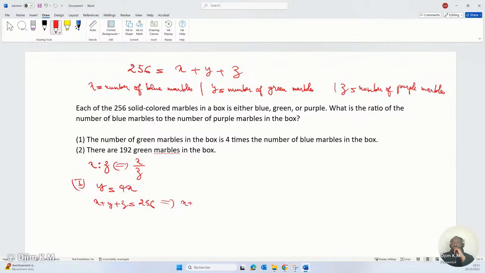So we have x plus 4x plus z equal to 256. And this will give 5x is equal to 256 minus z. So this will not allow us to get the ratio. Okay, so it's not sufficient.